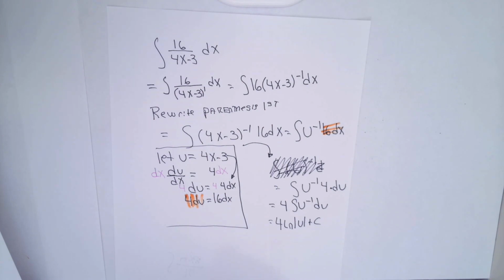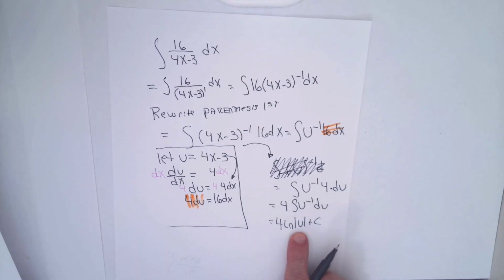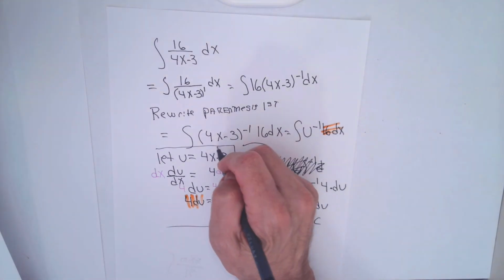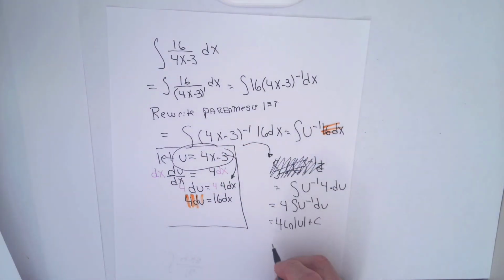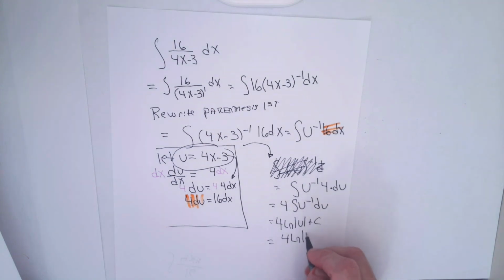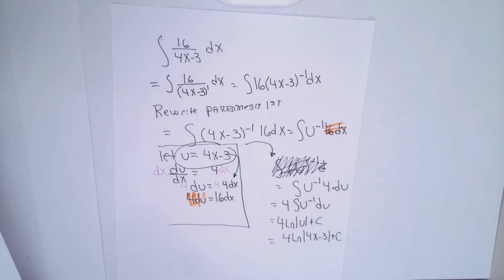Almost done. I can't have an answer with u's because my original problem started with x's. What do I need to do? I need to change the u back to what I started it off as, and in this case it's 4x minus 3, and the absolute value symbol in the formula works as the parentheses. So that will be my answer for that example.